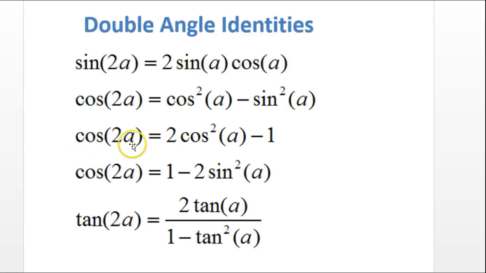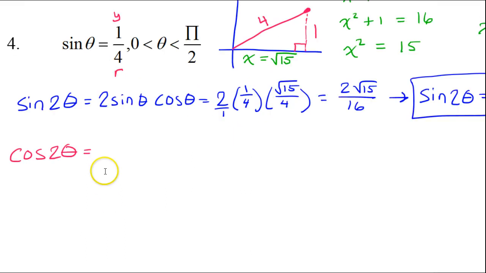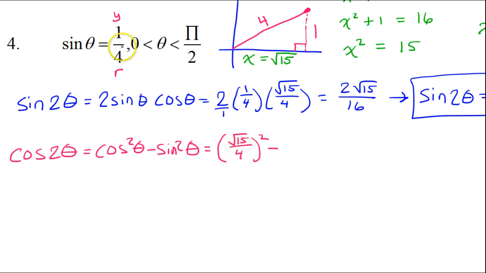Alright, according to the formula, cosine 2 theta is cosine squared minus sine squared. So we're going to do cosine squared minus sine squared. Fine. Cosine is x over r, so that's going to be radical 15 over 4 squared. Sine was given to us in the first place, so that's 1/4 squared.